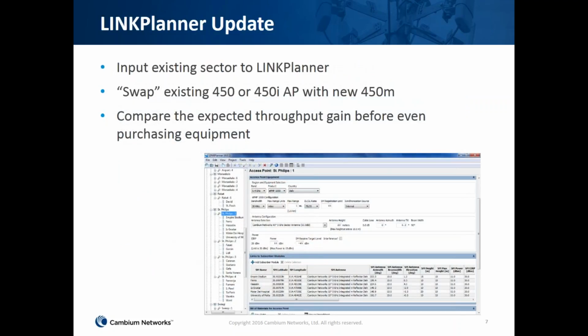What you can do with Link Planner is actually input your existing sector, your 450 or 450i sector, and see what the combined throughput of that sector is estimated to be, and then you can just swap that out with the 450m product in multi-user MIMO mode, to see what the impact would be or the gain would be by doing that.